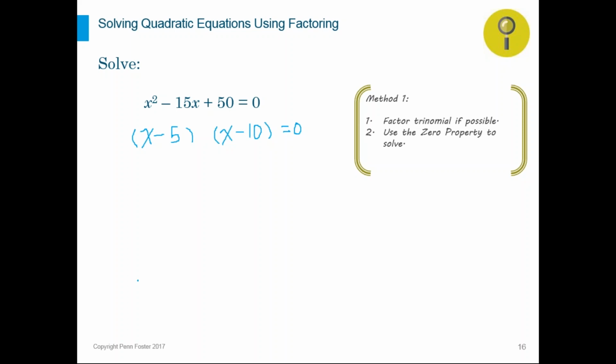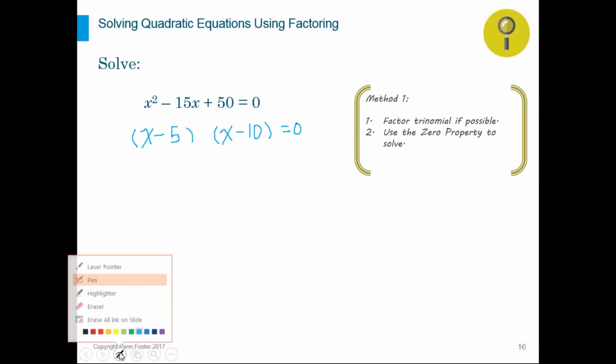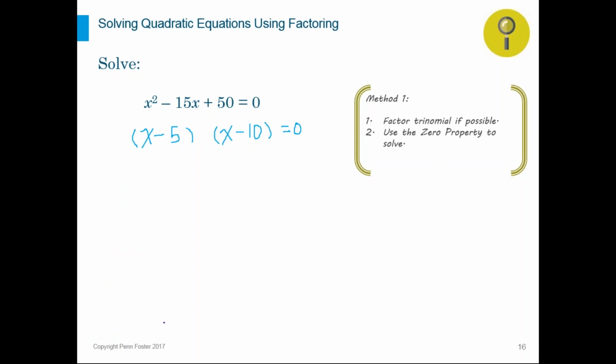What's next? The new step that we have to do to solve the equation is to use the zero property. The zero property for numbers, if you remember, is second nature for us. For example, 3 times 0 is 0, right? Anything times a 0 is a 0.